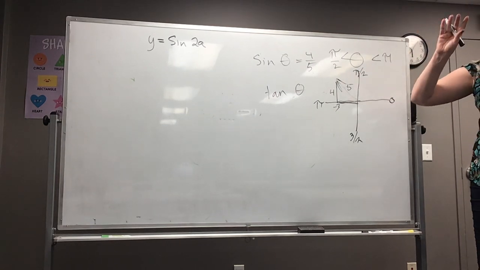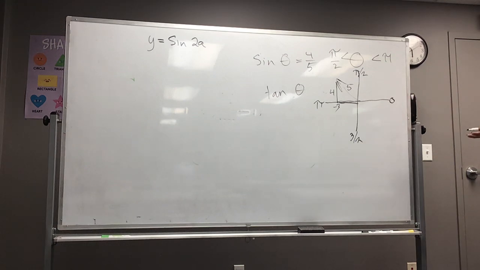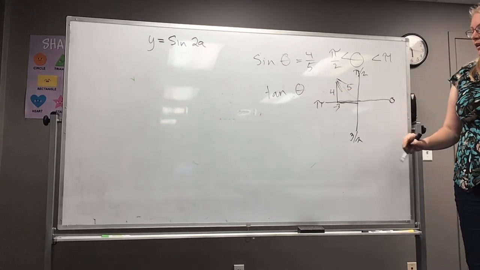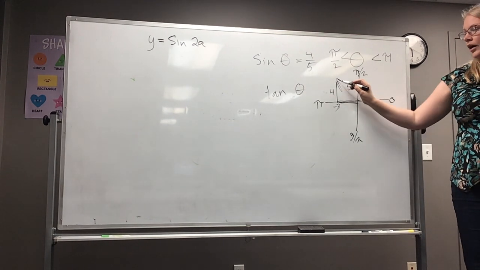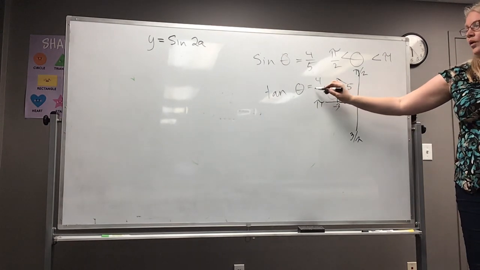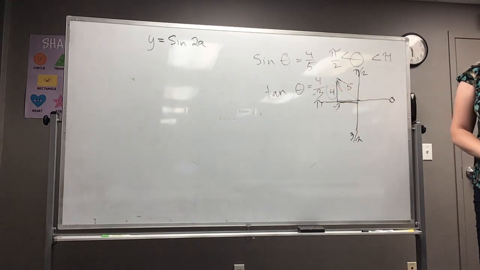But 3, 4, 5, again, those triangles come back over and over and over again. So the tangent is going to be our opposite of 4 over our adjacent -3, or -4/3.